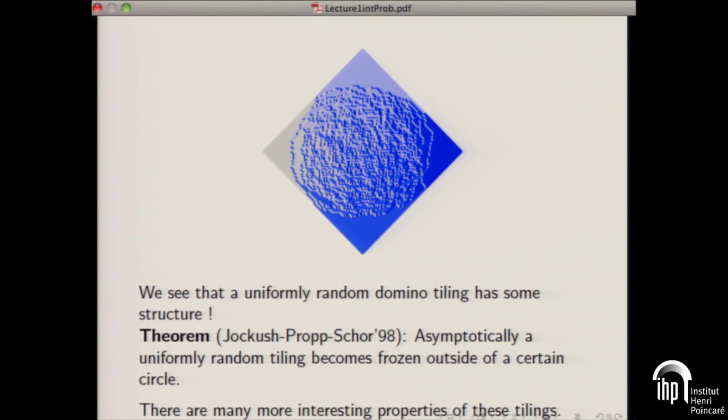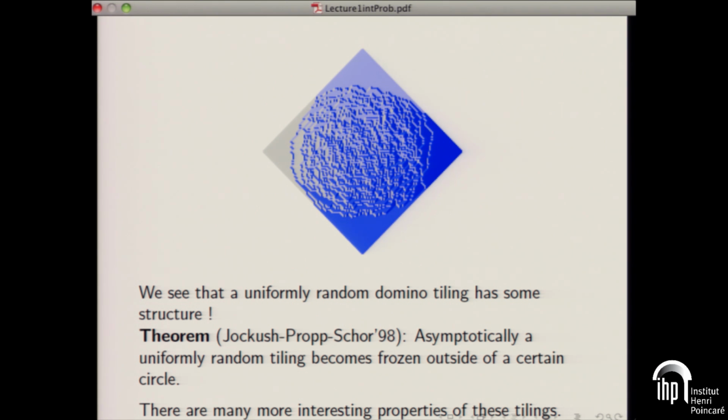Almost all domino tilings of a large Aztec diamond look like this. And if we see this picture, we can ask, what is happening here? The first question is, we probably see some circle here. Outside of the circle, we do not have any life.